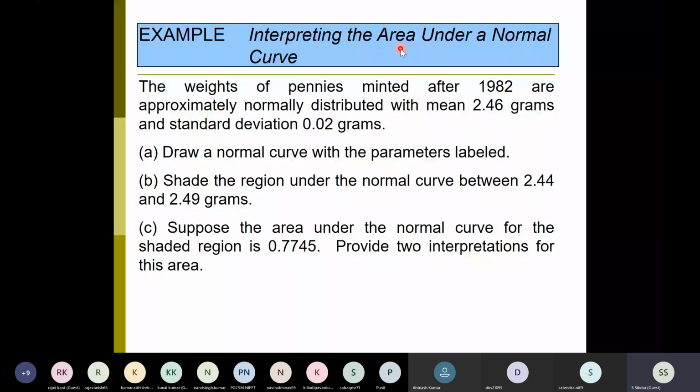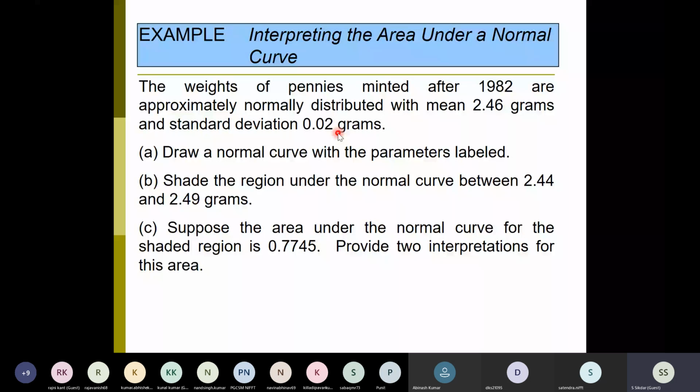During the year 1982, the weights are normally distributed with mean 2.46 gram and standard deviation 0.02. Although it is metallic, anything that is minted can have some variation. It's not necessarily sacrosanct that it has to be perfectly 2.46.